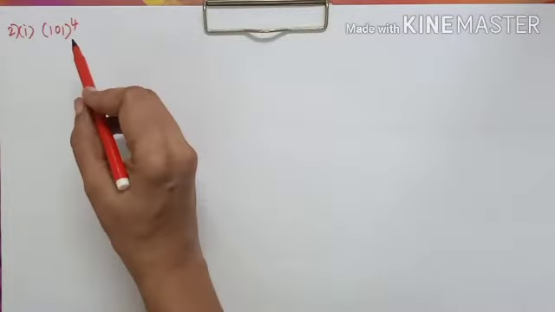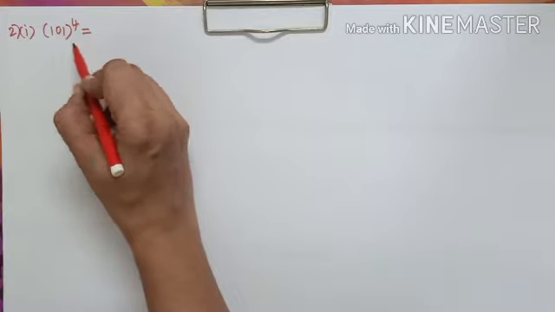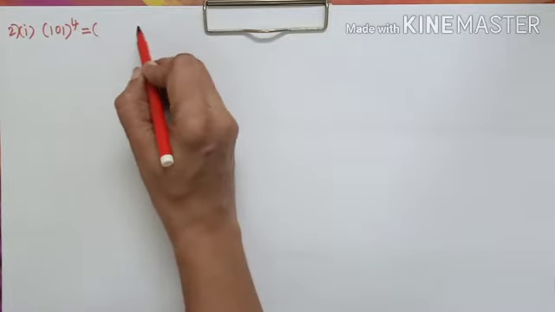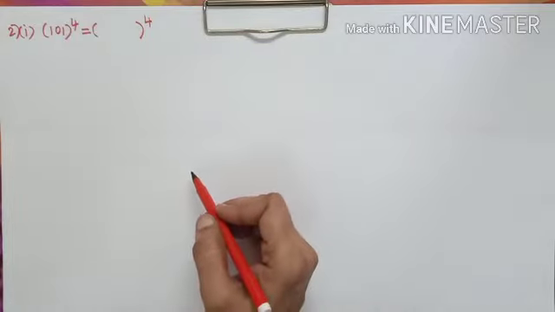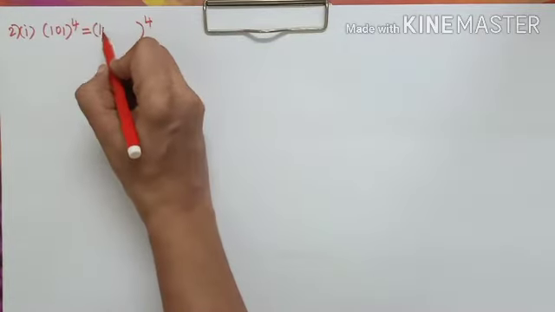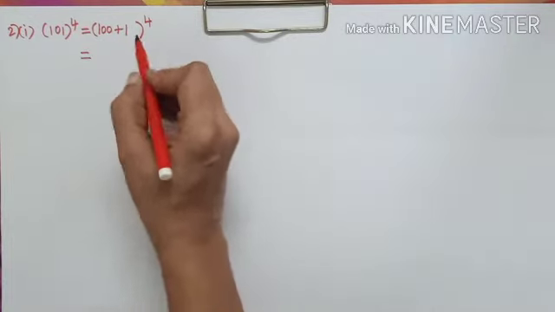Question number 2. Evaluate 101 power 4 using the binomial theorem. First step, how to write 101 as a sum or difference of two terms. Two easy terms: 100 plus 1. So how shall I expand it?